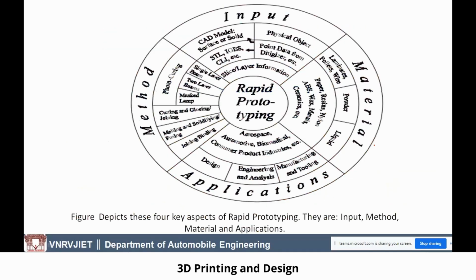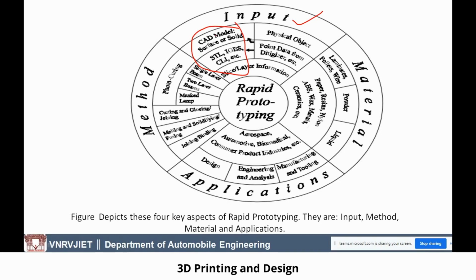This is the rapid prototyping or 3D printing wheel, as we call it. This wheel is divided into 4 sectors. The first sector is input. The input we require is a CAD model, conversion into an STL file, and slicing that model into a number of layers.